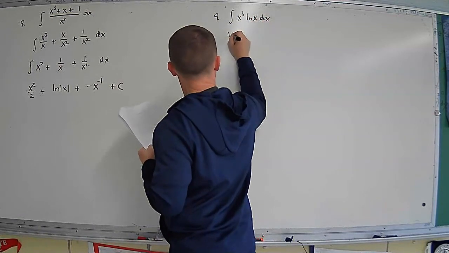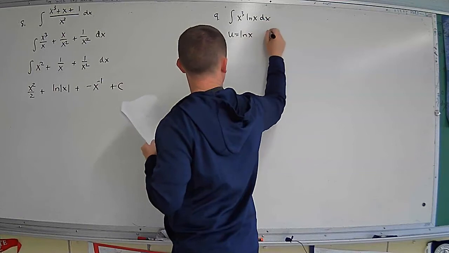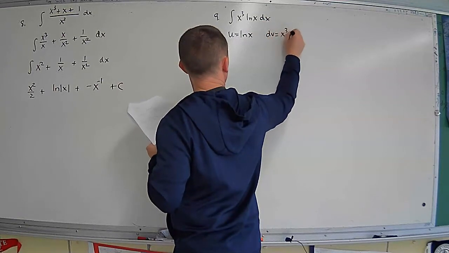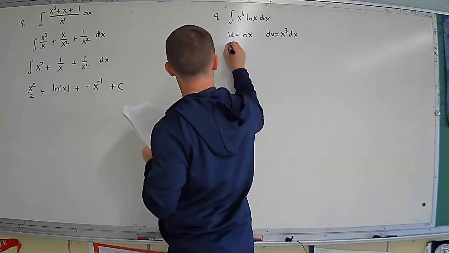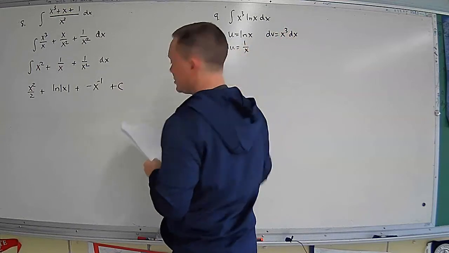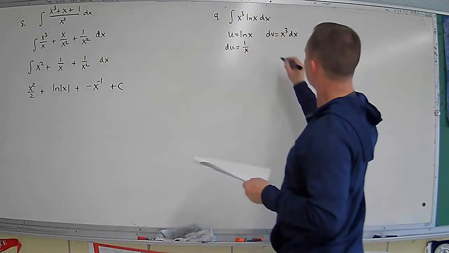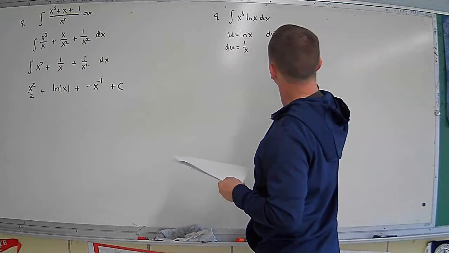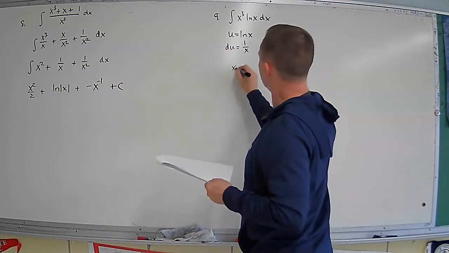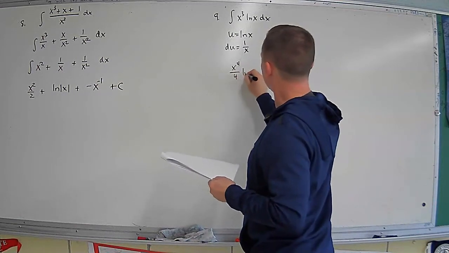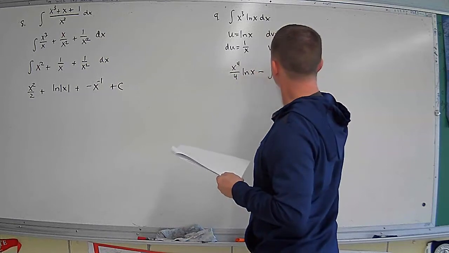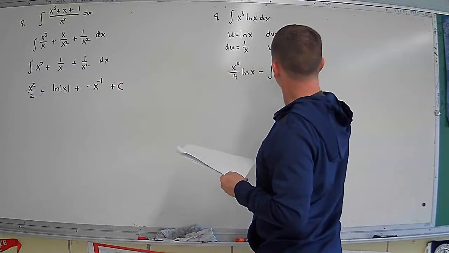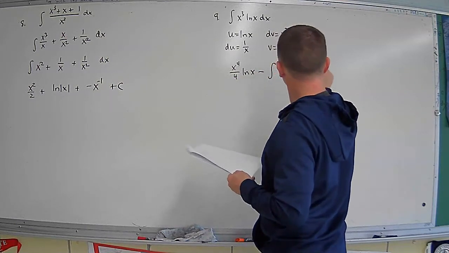So this is just an integration by parts. u is the natural log of x, dv is x cubed dx. Natural logs make great u. du is 1 over x, and v is x to the 4th over 4. So it's x to the 4th over 4 times the natural log of x, minus the integral of x to the 4th over 4 times 1 over x dx.